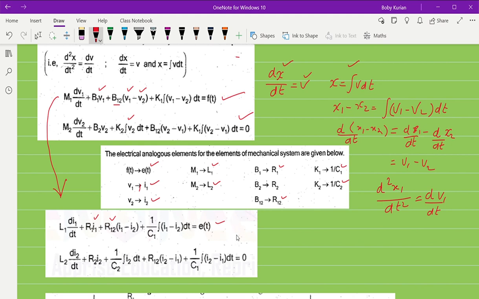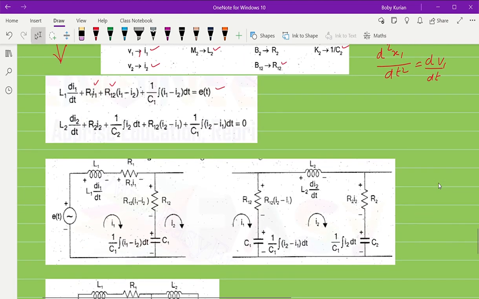This is the electrical analogous differential equation representation. Now based on these equations we have to design two diagrams, that is, the corresponding electrical circuits. We have to use Kirchhoff's voltage law. Take the first equation: E of t equals the sum of a few other voltages.